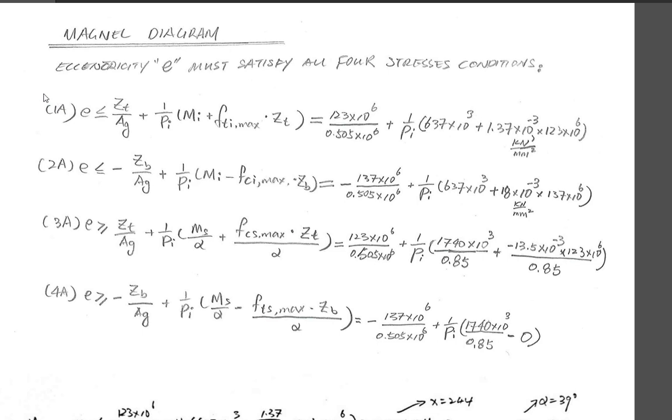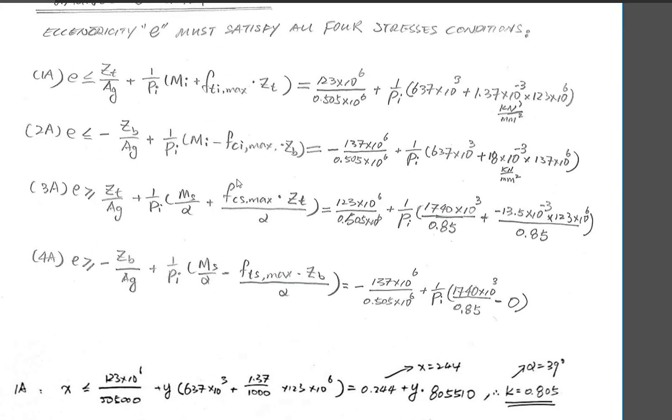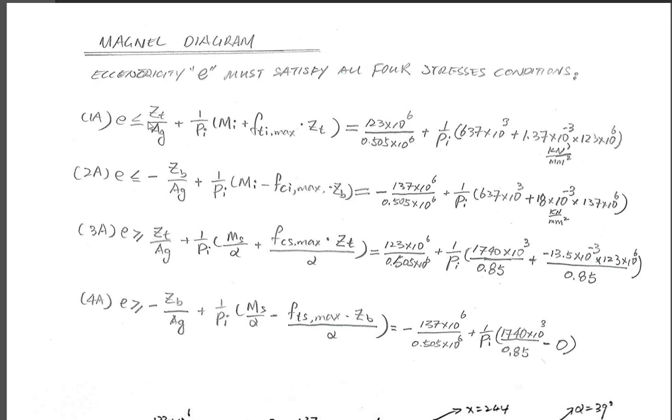By looking at it, we've got four equations that need to be satisfied, at the top stress and the bottom stress. 1A and 2A are the stress limits for the prestressing element at the initial transferring stage, and 3A and 4A are the prestressing forces at the serviceability stage.